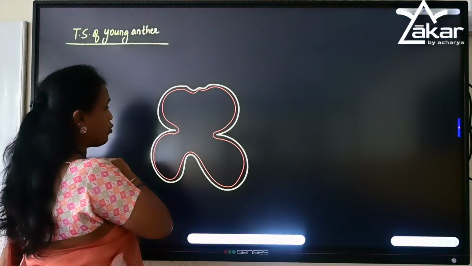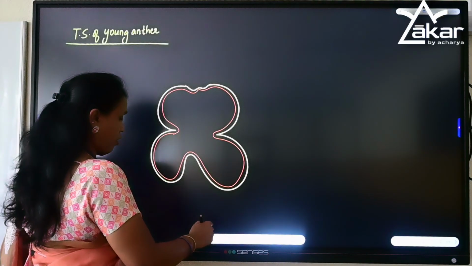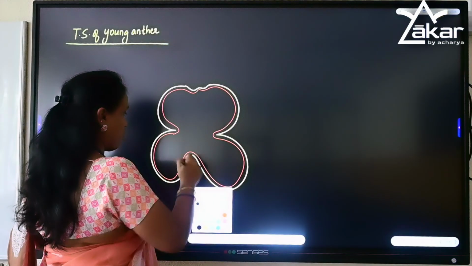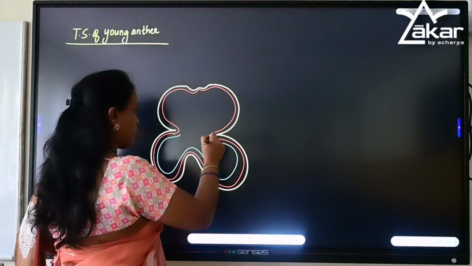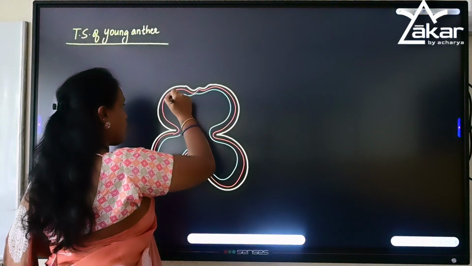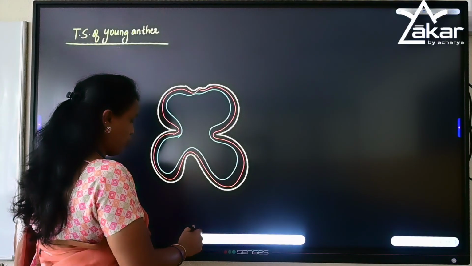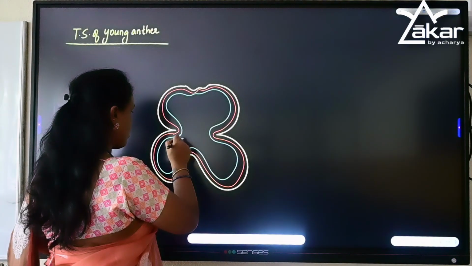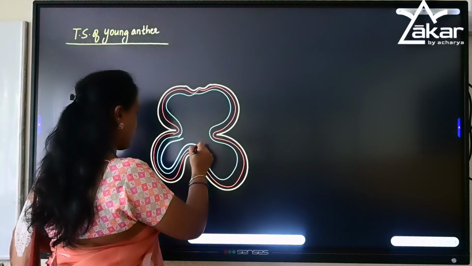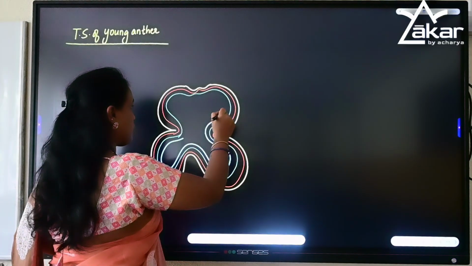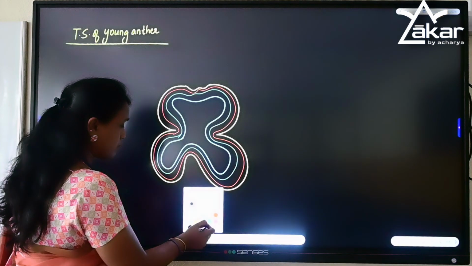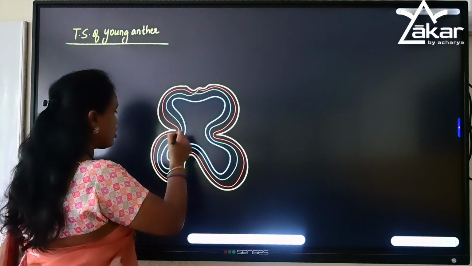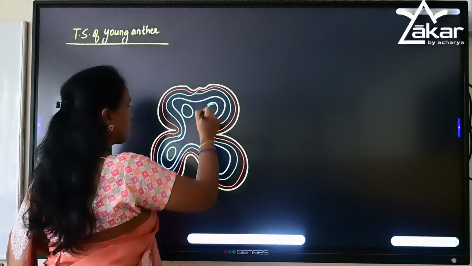We wrote 2 walls now. Another 1 wall I am drawing now. So 1 more wall. Then comes the sporogenous tissue.